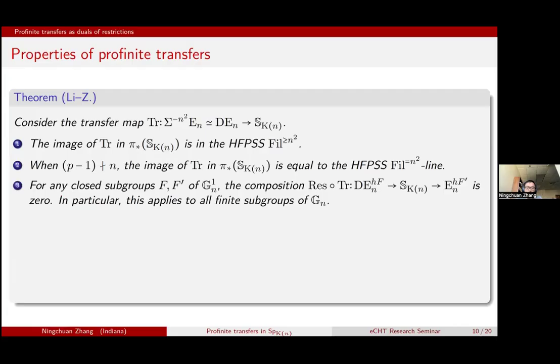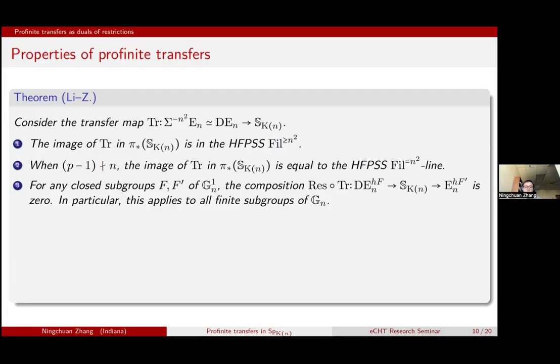For any closed subgroups of the kernel of the reduced determinant in G_n^1, if we compose transfer, then restriction, this map is always zero. In particular, this applies to all finite subgroups of G_n. So that's first transfer, then restriction. Recall if it were a finite transfer, if you transfer from the G fixed points to the entire thing and then go back to the G fixed points, that's usually multiplication by the group order. But now it is zero.